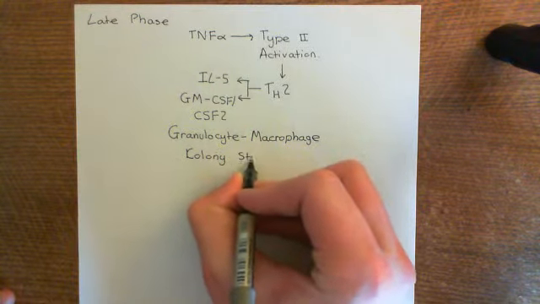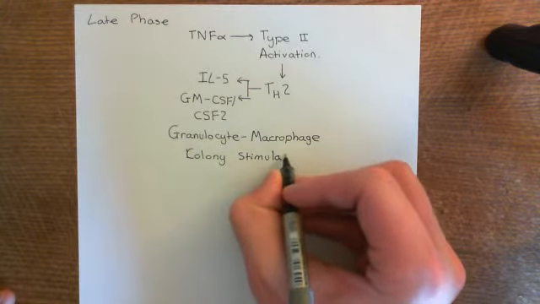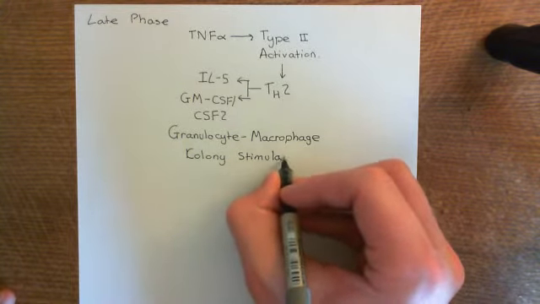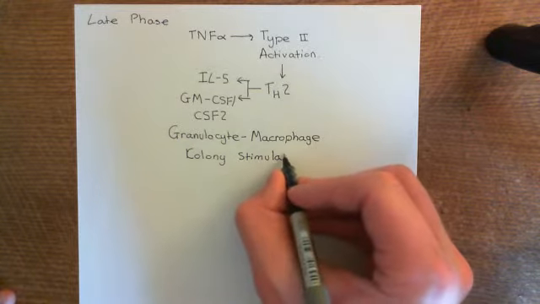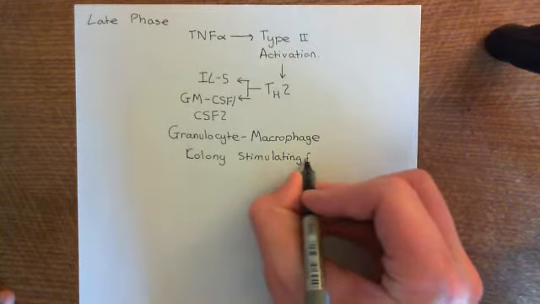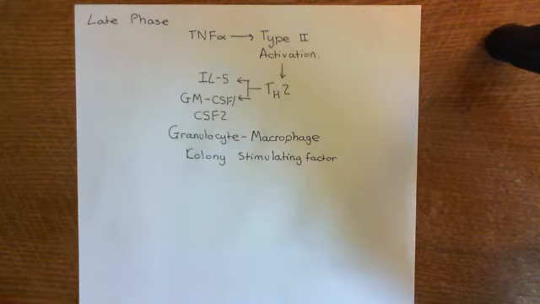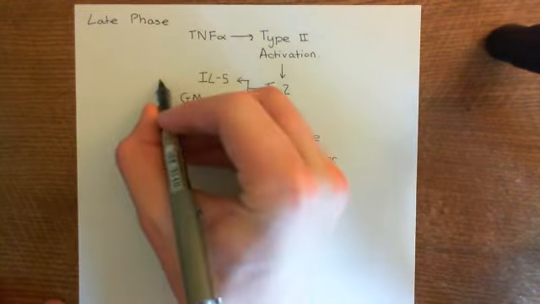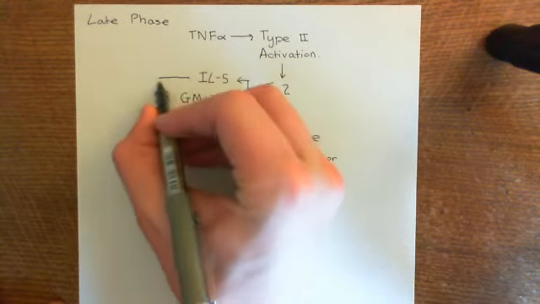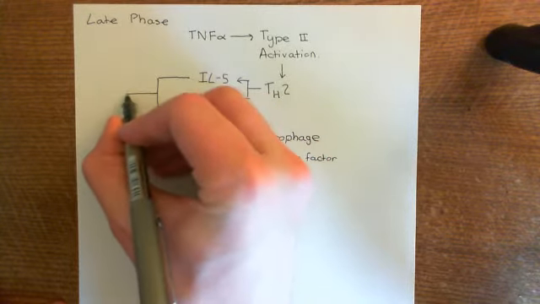Okay, now these two proteins, interleukin-5 and granulocyte macrophage colony stimulating factor, what they're going to do is they're going to lead to the recruitment of another type of white blood cell from the blood. Okay, and the type of white blood cell they're going to recruit from the blood is an eosinophil. So these are going to lead to eosinophil recruitment.